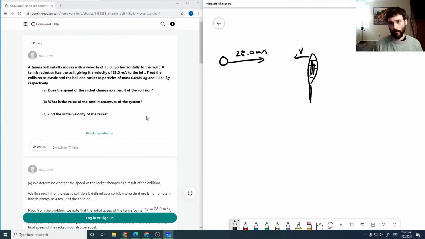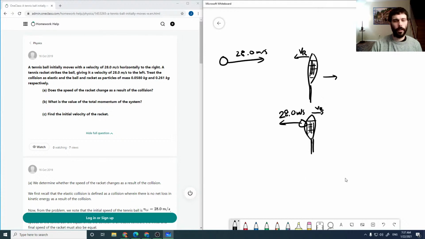So for the tennis racket, we've got some velocity VR, and then we're going to strike the ball. I'm actually just going to draw it like this. And the ball is going to leave at 28 meters per second. And then presumably our racket will be forced backwards.